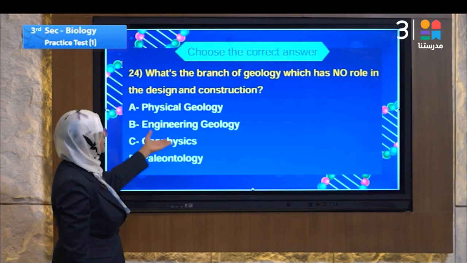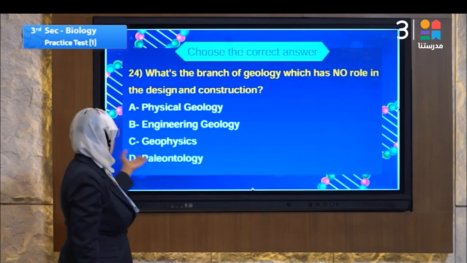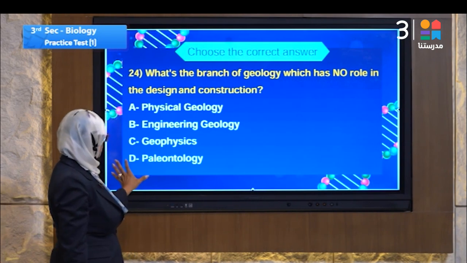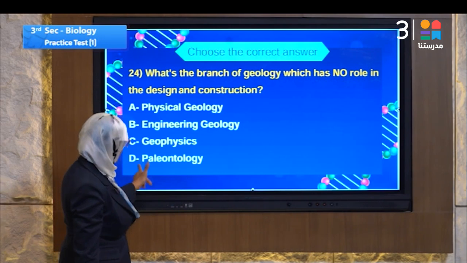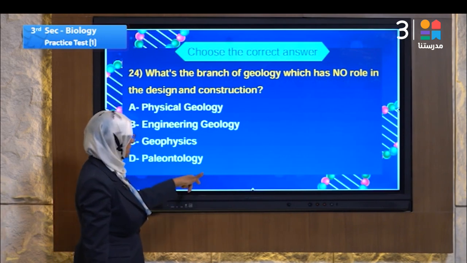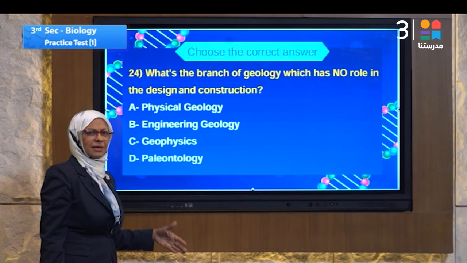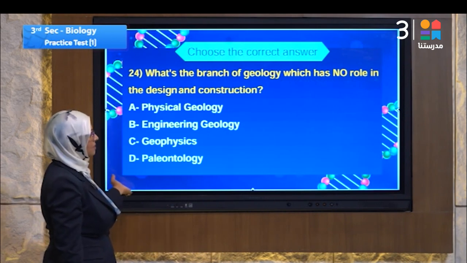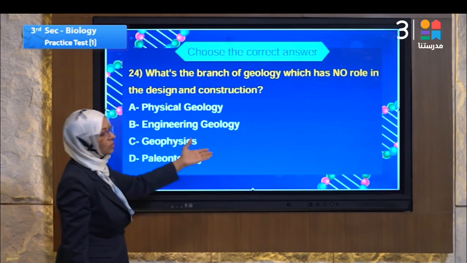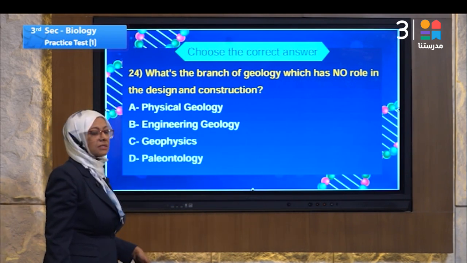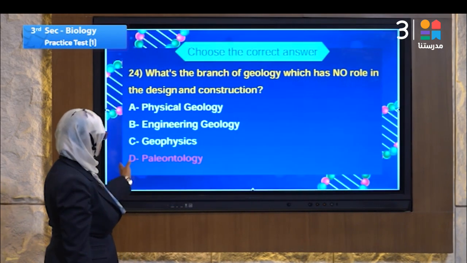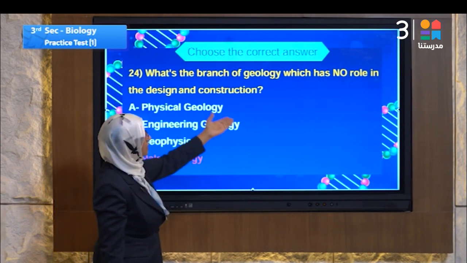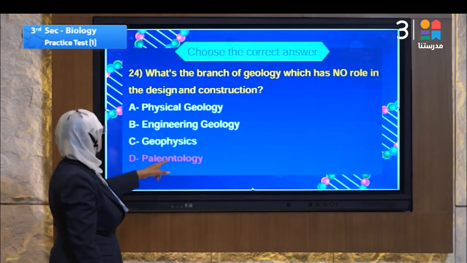Number B, engineering geology, must have a role. Geophysics, yes, that studies the earth structure. Paleontology speaks about the remains of living organisms. So it must be it. The remains of living organisms have no role in design and construction. So the answer must be number D, paleontology. It has no role in the design and construction of any building. Yes, let's go to 25.